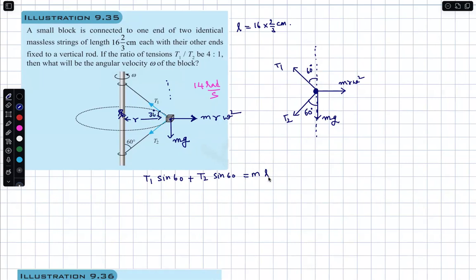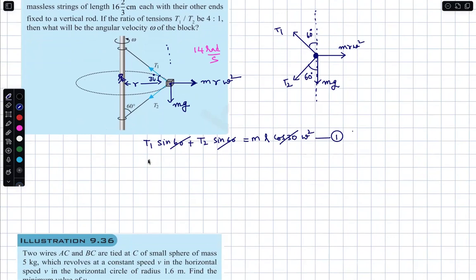R is L cos 30, omega square. Equation 1. So T1 plus T2 is equation 1. That is the first point.